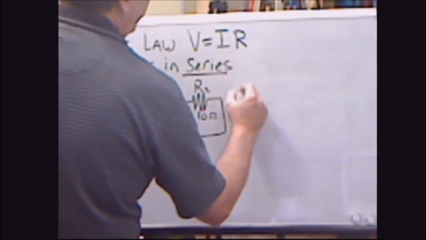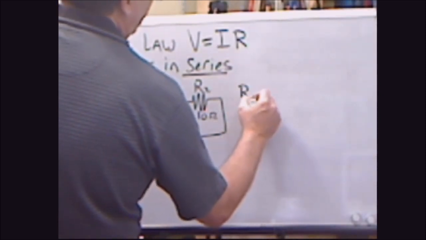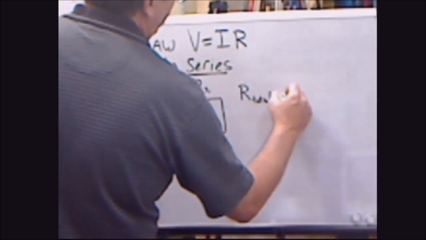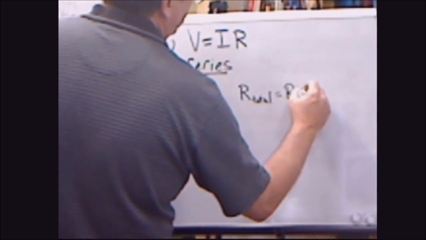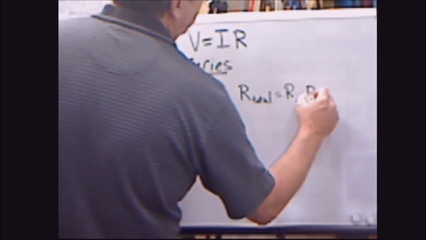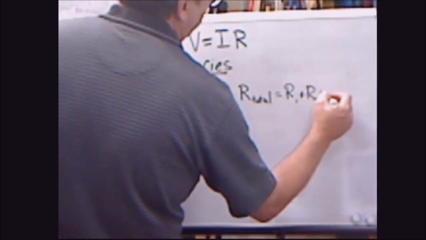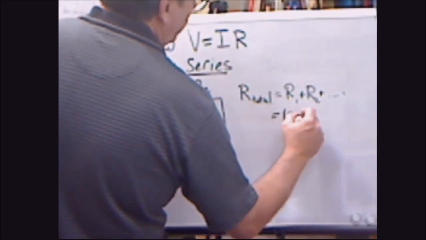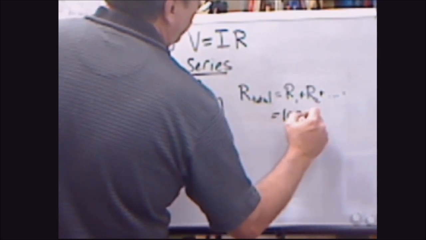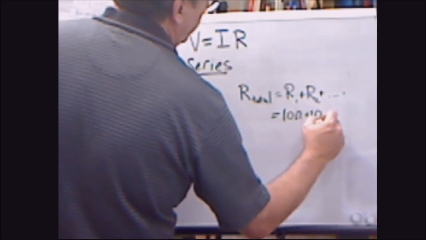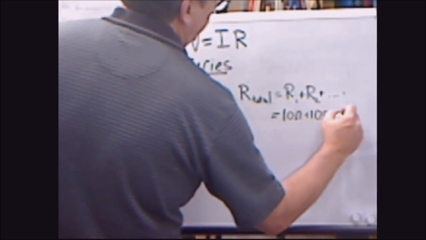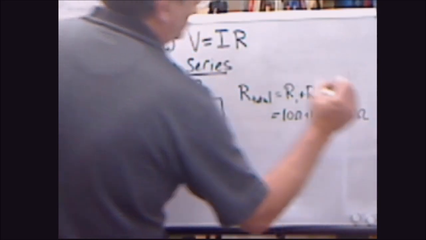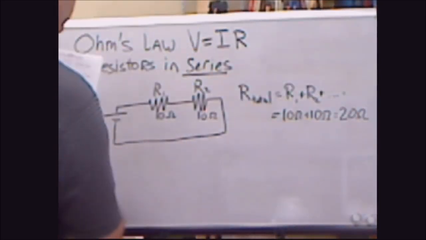So the total resistance in the circuit is going to equal R1 plus R2 plus however many else there are. In our case, it's going to be 10 ohms plus 10 ohms equals 20 ohms. So now, unlike the previous circuit, there's 20 ohms of resistance.